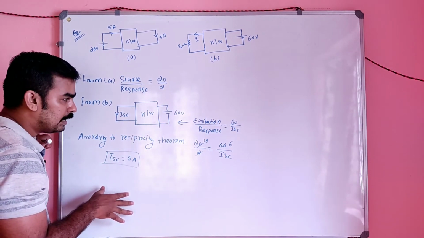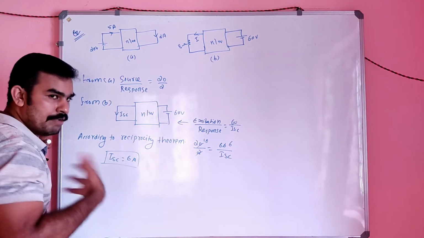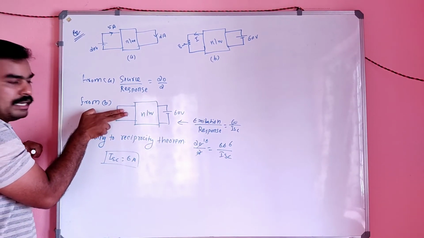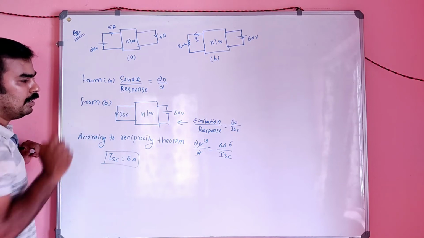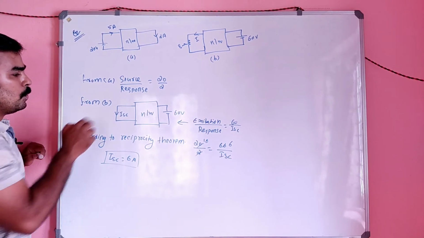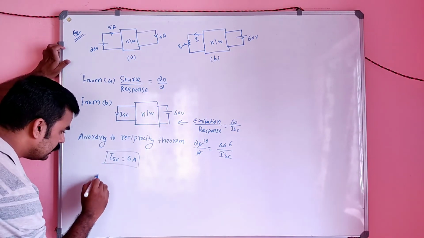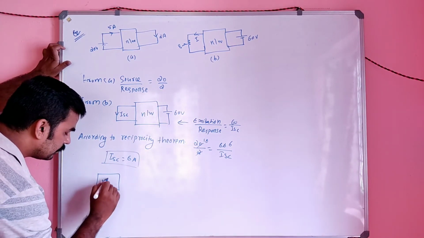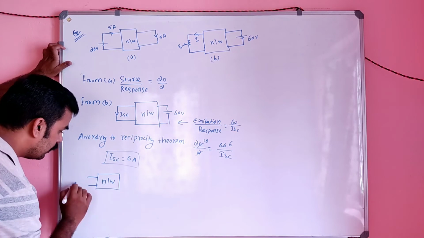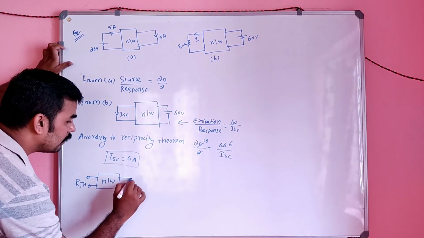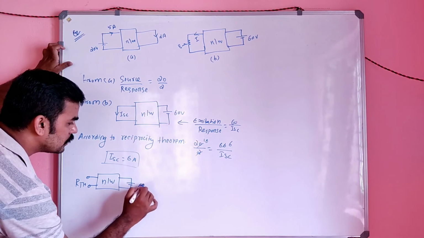That means if I open this terminal, let it be represented like R Thevenin. It is 60 volt.